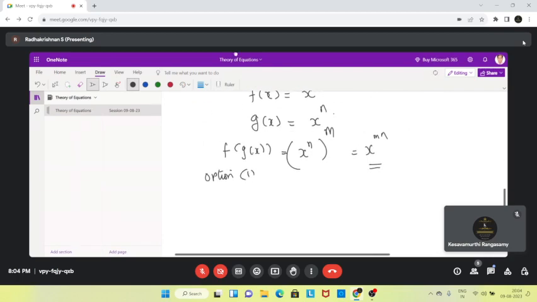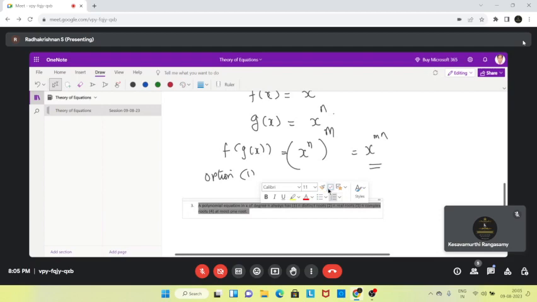I think I will write it rather than cut and paste. Okay.